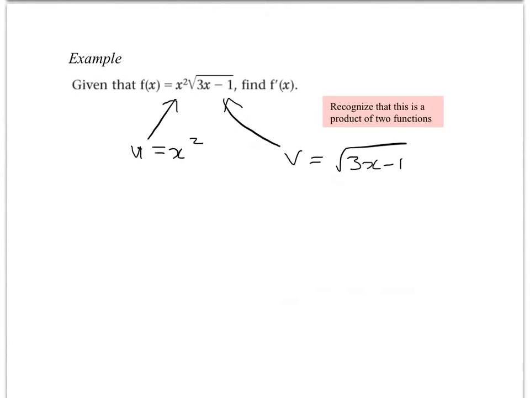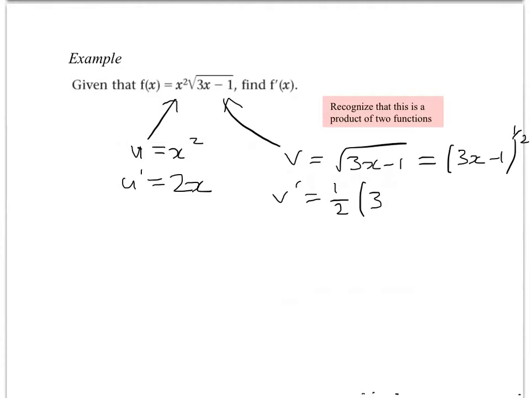Okay, I can do the derivative of each of these functions individually, so I can say u dash is 2x, writing v as 3x minus 1 to the power of a half. I can say v dash is, I'm using the chain rule now, and this should be a revision from last year.